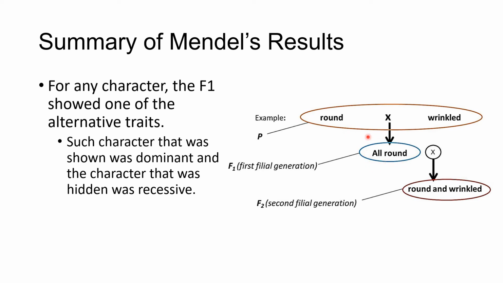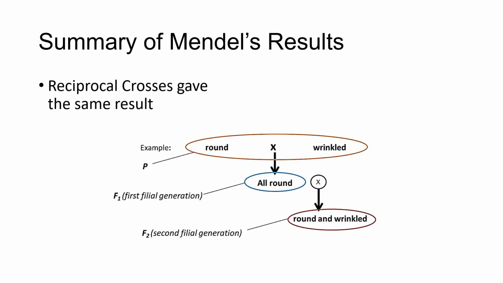Na nakita niya na lahat nung sa first generation is round lahat yung nakita niya. So sinasabi niya na yung round na yun, it is dominant, while yung hindi nakita na wrinkled, yun yung recessive. So yung reciprocal crosses gave the same result.